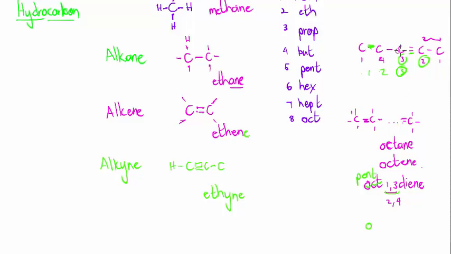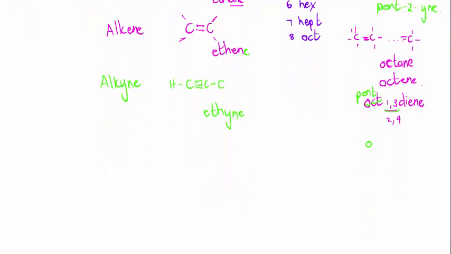So this is pent-2-yne. Now, unless this is a 1, I will have to number. If it was pent-1-yne, I could have left the 1 out. If there's nothing, it means it's on the first carbon. Makes sense, huh? Okay.